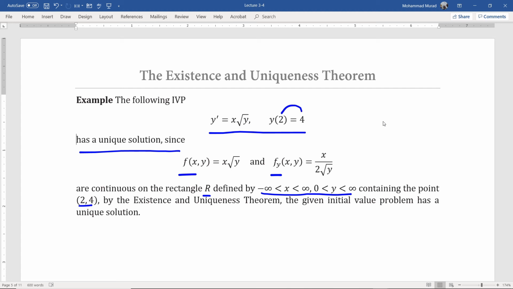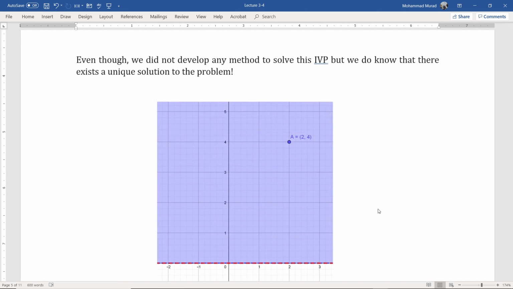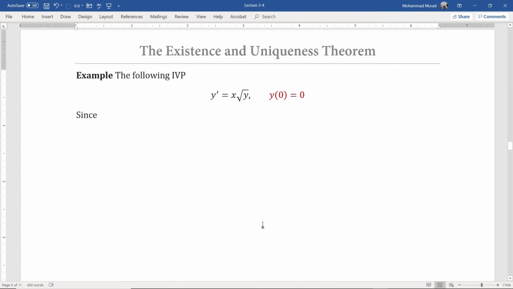By the existence and uniqueness theorem, the given initial value problem has a unique solution. Even though we did not develop any method to solve this initial value problem, we do know that there exists a solution to the problem. The rectangle is shown in this figure, which is in fact the upper half of the xy plane without the x-axis. Let's consider another example.